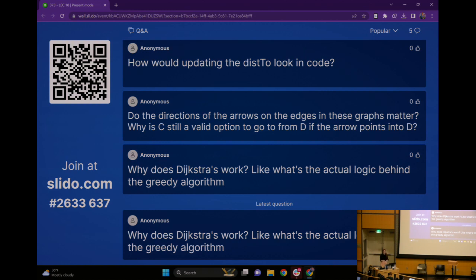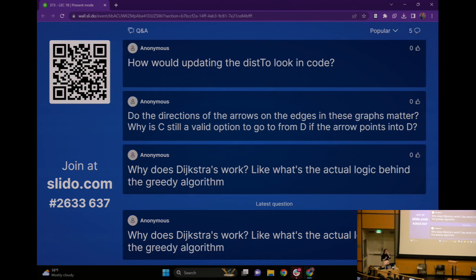It wouldn't work if later on my distance 2 would get updated, say with a negative edge weight. But because Dijkstra's requires no negative edge weights, as long as we pick the shortest path, by the time we lock something in, that will be the shortest path to that given item.